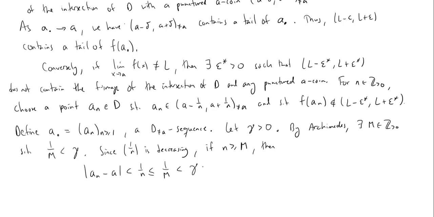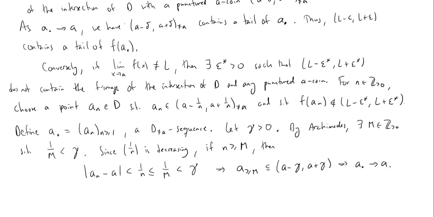So I've just shown that as long as I go past M, if I look at the tail, n greater than or equal to M, this is contained in the a coin of radius gamma. So it follows that a dot converges to a. So I have found a D not equal to a sequence that converges to a.